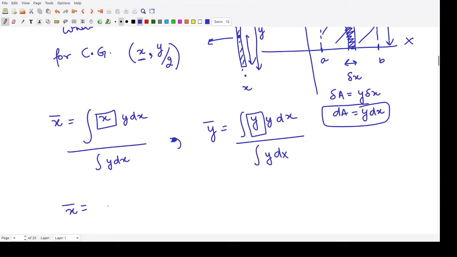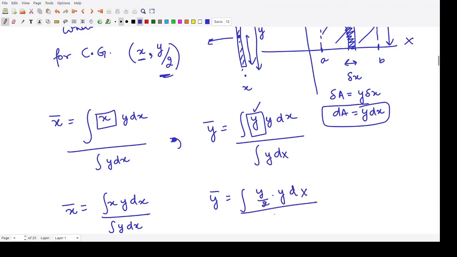x bar would be integration of x y dx divided by integration of y dx, and y bar would be, here the coordinate of y will change to y by 2. So it will be y by 2 into y dx divided by integration of y dx.